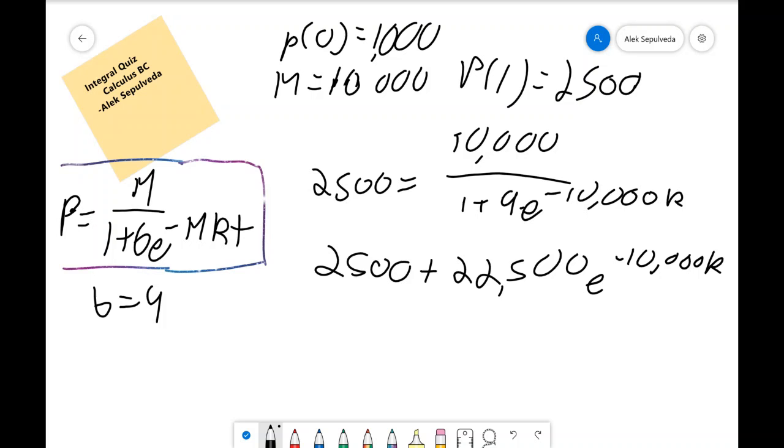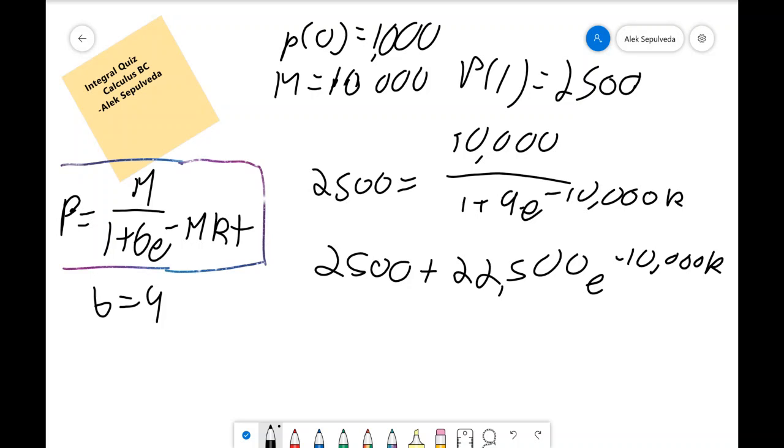So now it all equals 10,000. Can't really fit that, so I'm just going to assume it. Next step is to subtract, then divide.